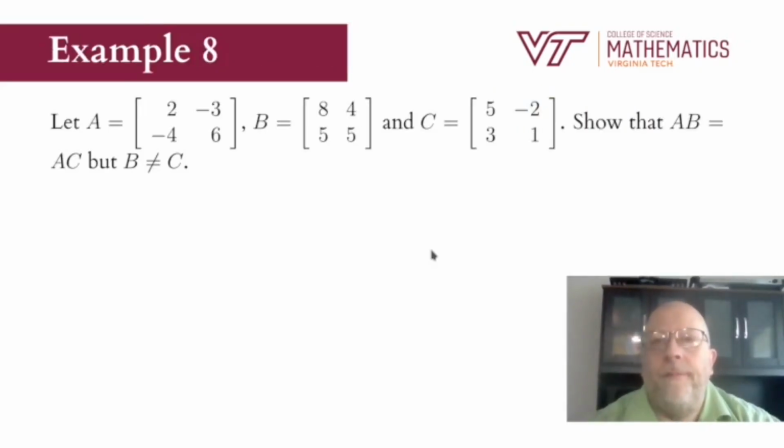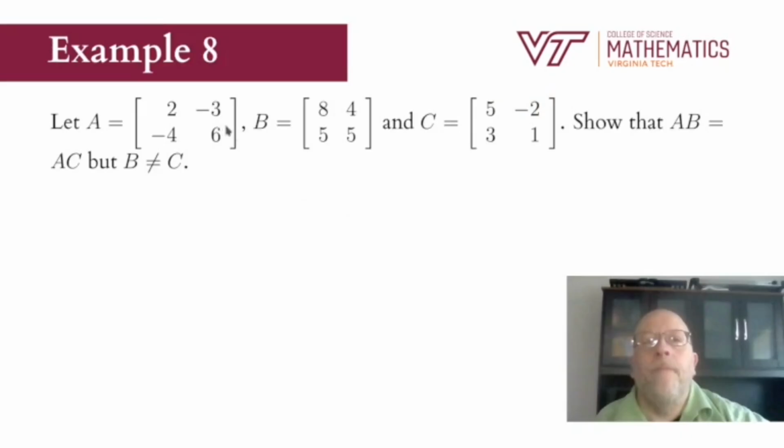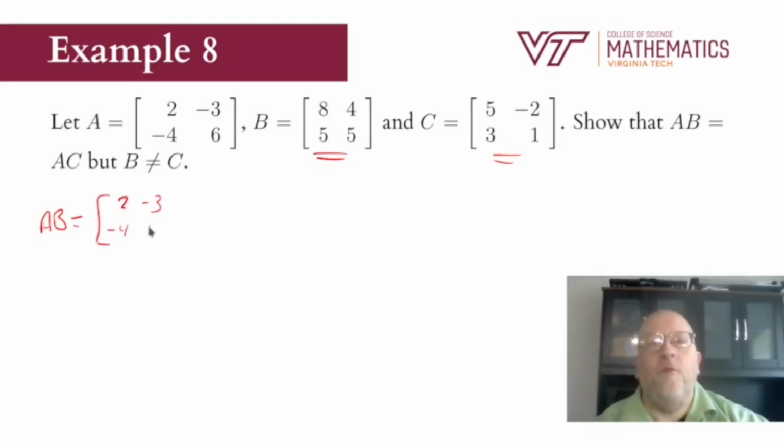Let's see an example. B and C are not the same, but I'm going to show you what happens when we multiply AB and AC. So AB is [2, -3; -4, 6] times [8, 4; 5, 5].